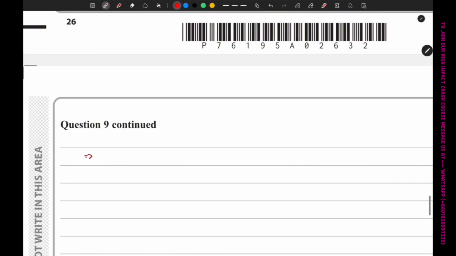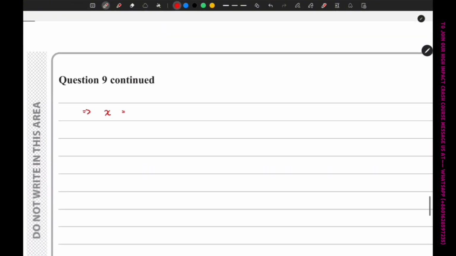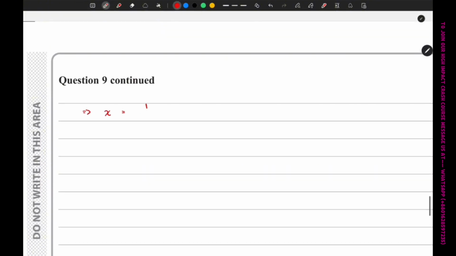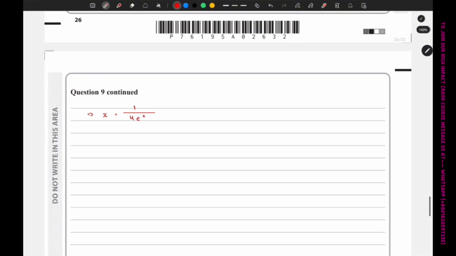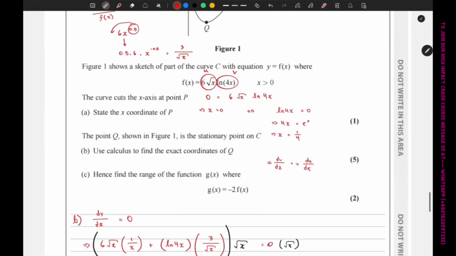Now if I make x the subject, this will be 1 over 4 times e to the power -2. Or you can also write it like this, 1 over 4e squared. So that is the x coordinate of point P.